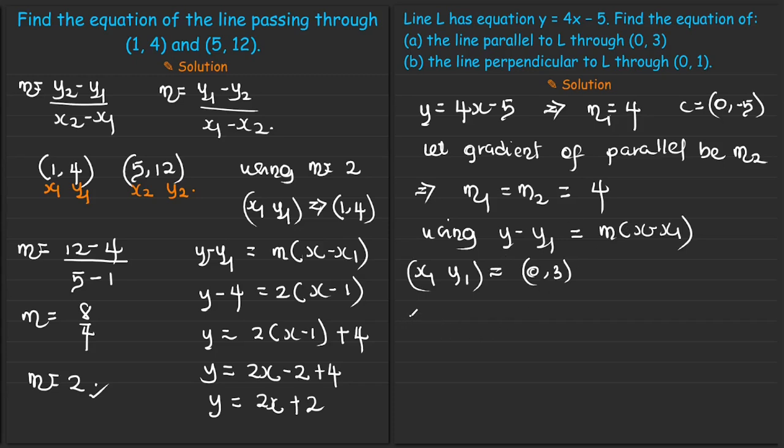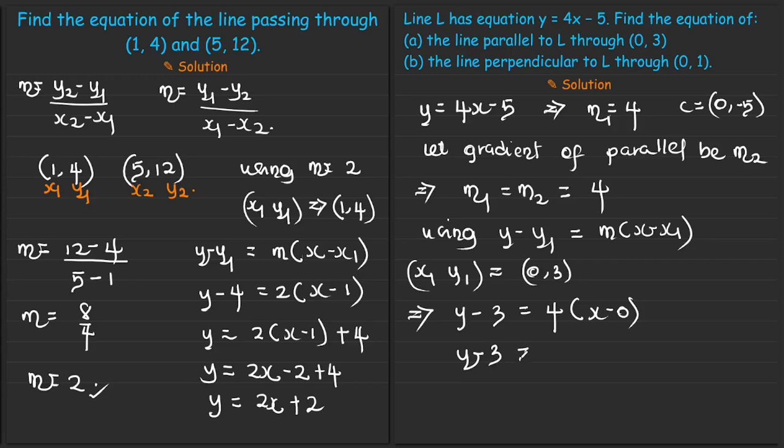So doing our substitution, it means we have what? y minus y1, which is going to be what? This 3 over here, is equal to our m, which is 4. Then into bracket x minus x1, which is going to be this 0.